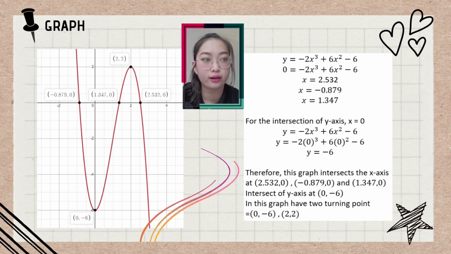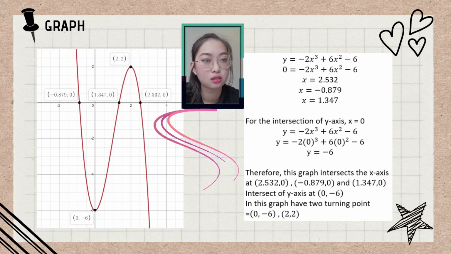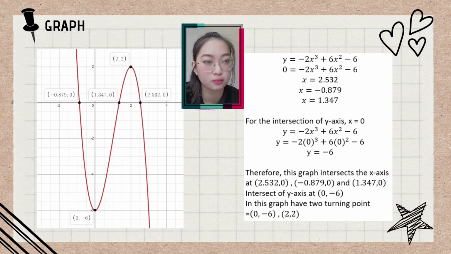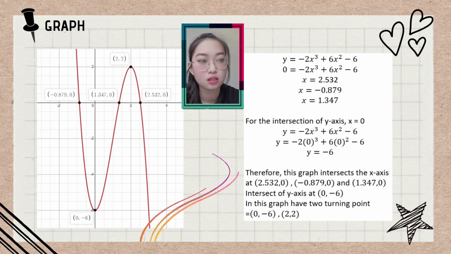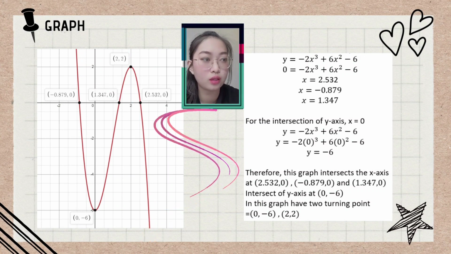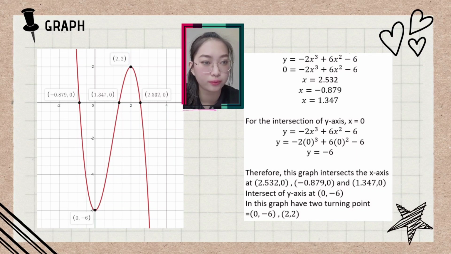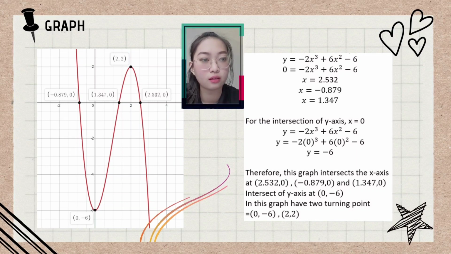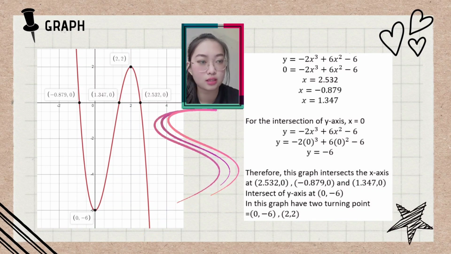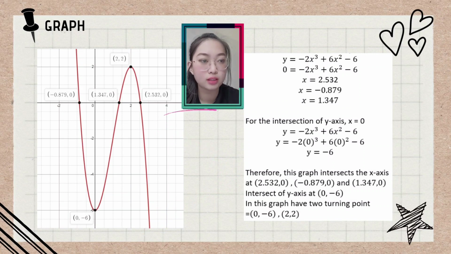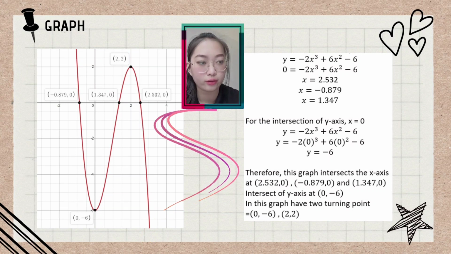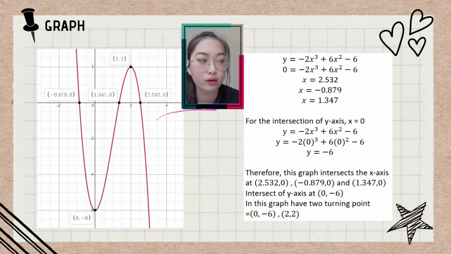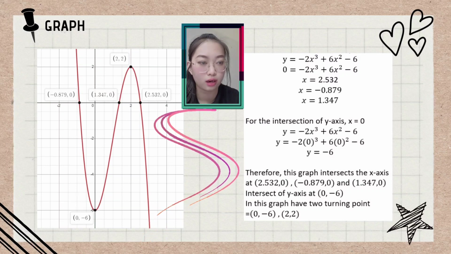To sketch the graph, we need to find the intersections of the x-axis and y-axis. For the intersection of the y-axis, we put x equal to 0, and we find that y equals negative 6. For the intersection of the x-axis, we put y equal to 0. By using the calculator, we find there are three x-intercepts in this graph.